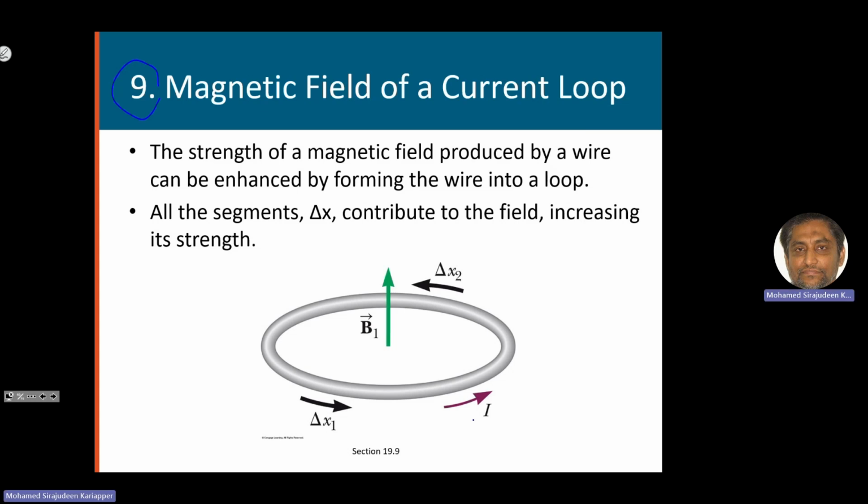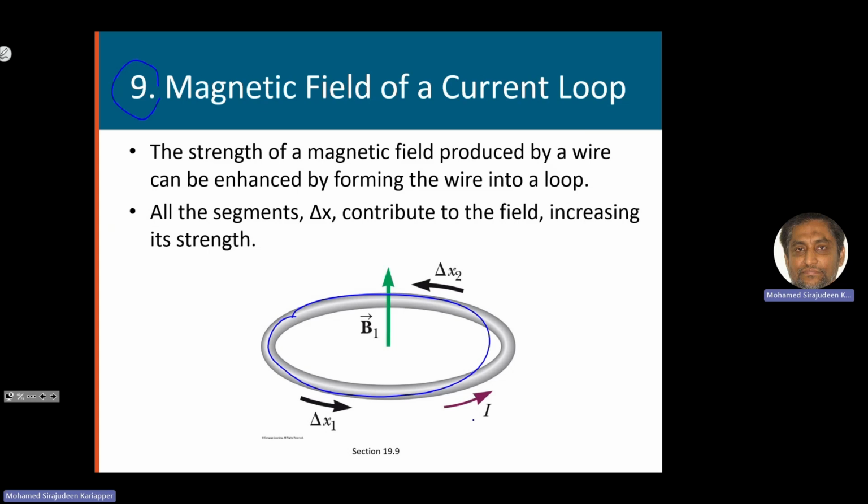So if you have a long straight wire, at a distance r, the magnetic field is equal to mu0 I over 2 pi r. Fine. Now we take this wire and make it into a circular loop.